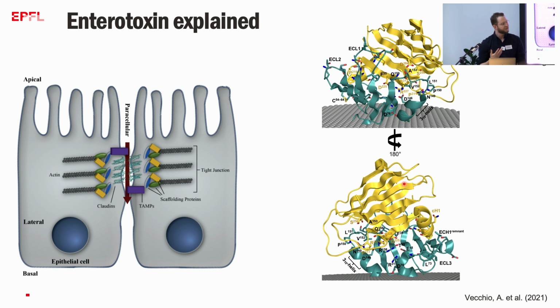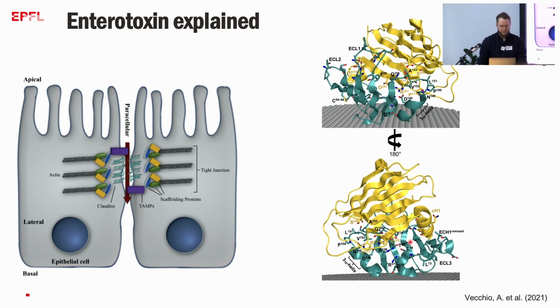Then what it wants to do is produce more enterotoxin and open up your blood vessels, go into the bloodstream, and produce even more enterotoxin, open up the blood-brain barrier, and enter your brain. So it's generally not a protein you want to have around.